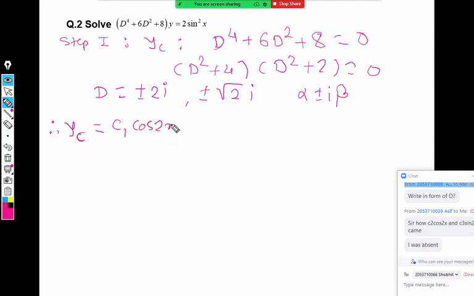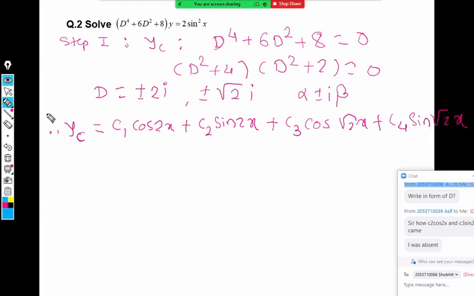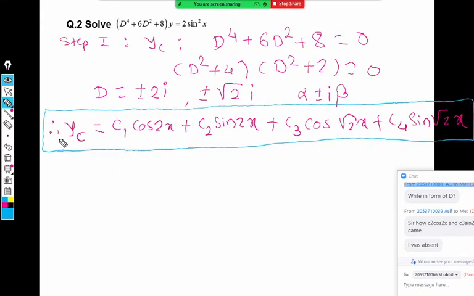C1 cos 2x plus C2 sin 2x, correct. Then plus C3 cos root 2x, and lastly plus C4 sin root 2x. Very good. It's a lengthy solution, but very simple. Just compare with alpha plus or minus i beta and write the entire CF. This is the complementary function of the differential equation phi d of y equal to fx.